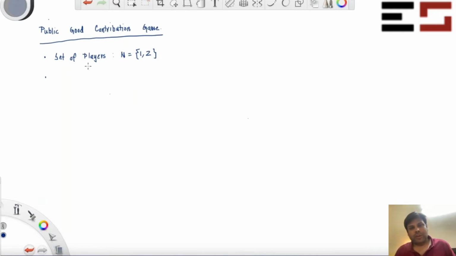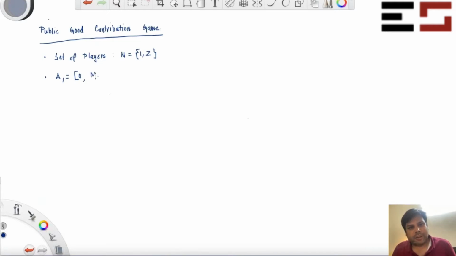So you can imagine that these players can contribute to buy the public good. We can have a scenario where the action set of player one, or you can also call it the choice set of player one, is that he can contribute anything from 0 to m1.